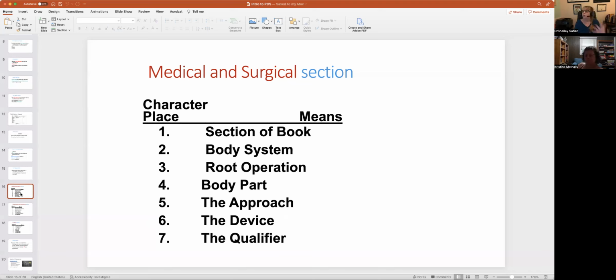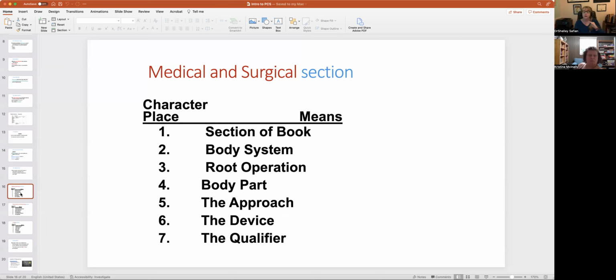Okay, so allow me to give you an example. Okay, in the medical surgical section, the first character identifies the section of the PCS book. The second character identifies the body system. The third character identifies the root operation term.